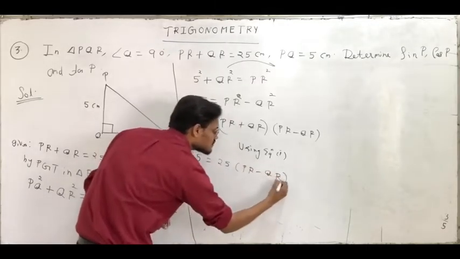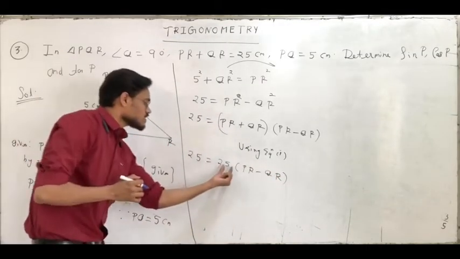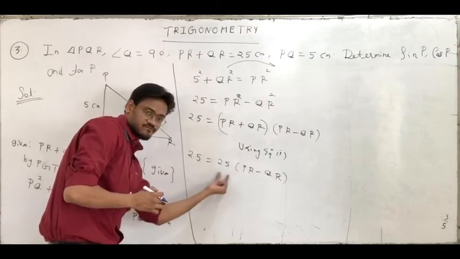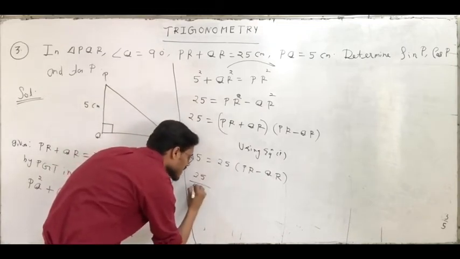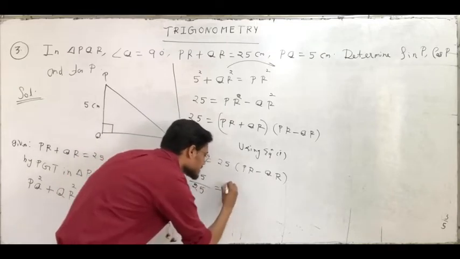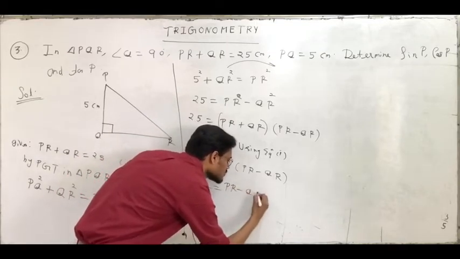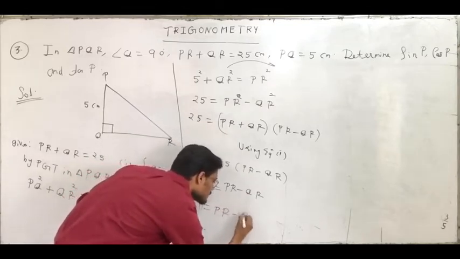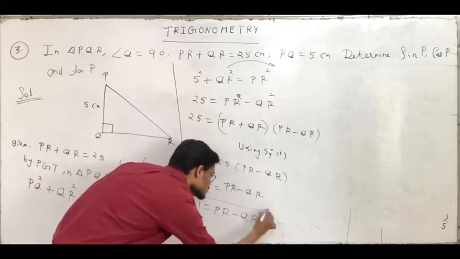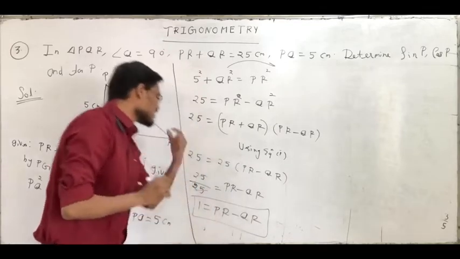So this value PR minus QR is gonna be 25 upon 25. This 25 will go in the denominator, so it is 25 upon 25. It's the value of PR minus QR, and if I cut it out, it will be giving me 1. So the value of PR minus QR is 1.